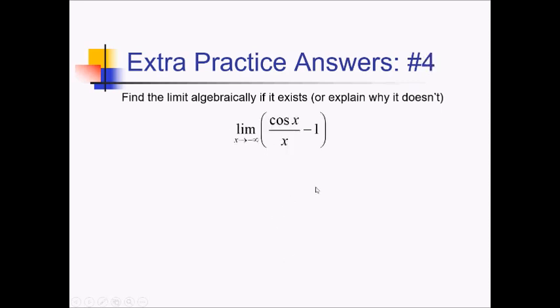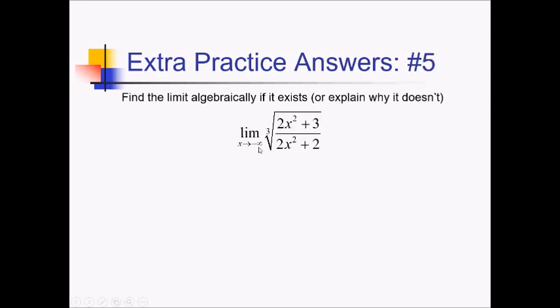The key to doing this problem, taking this limit to negative infinity, is realizing that this cosine x over x term is a bottom-heavy function. So as we go to infinity or negative infinity, this term, since it's bottom-heavy, is going to 0. So this is really just 0 minus 1, which is just negative 1.